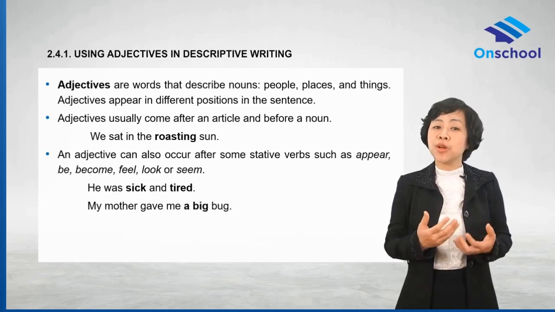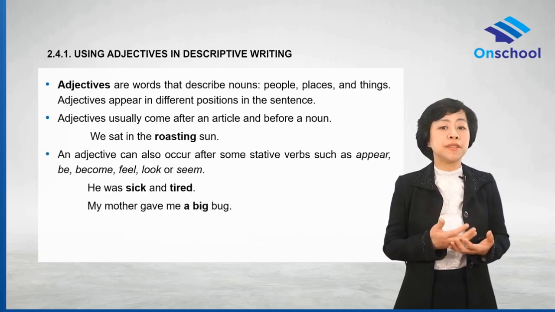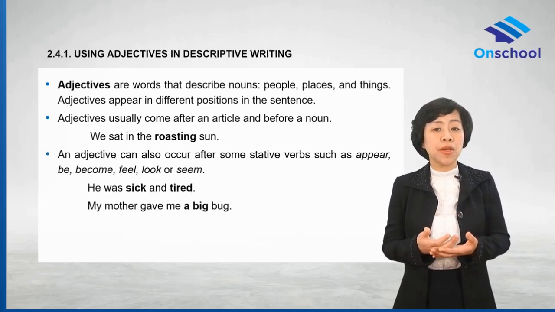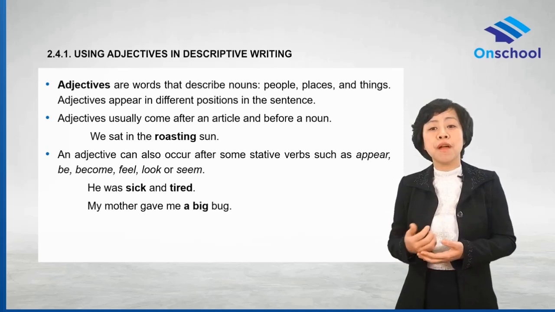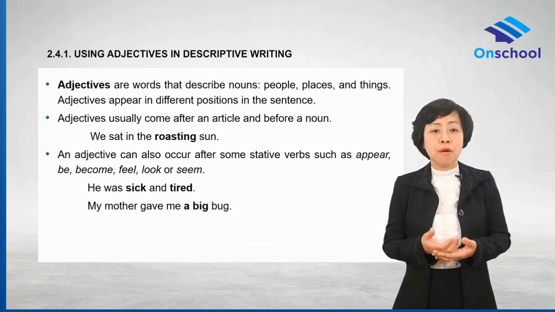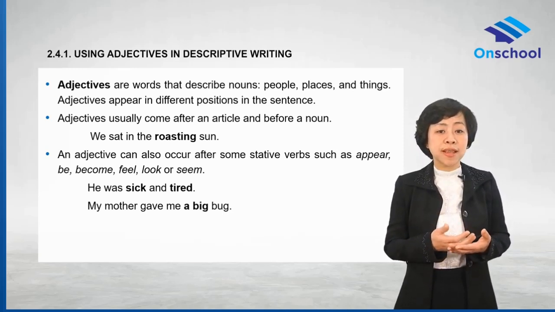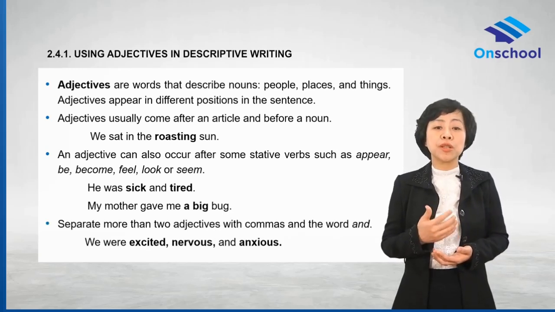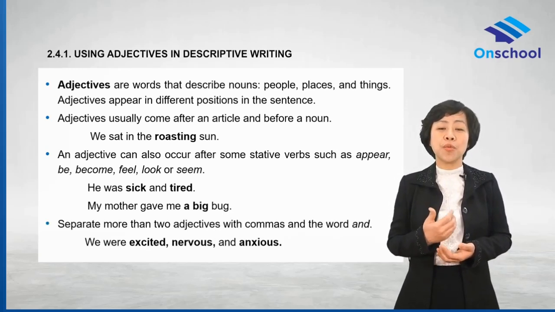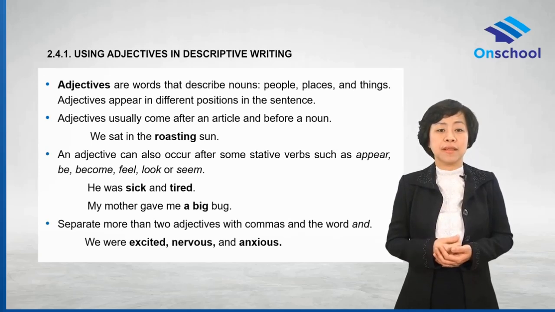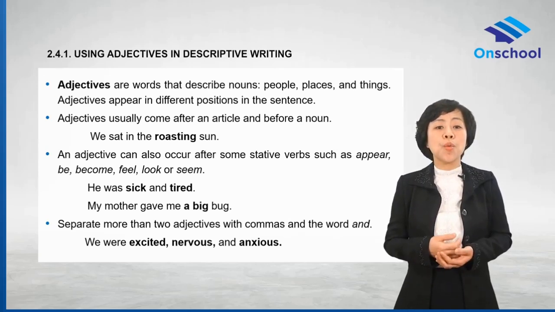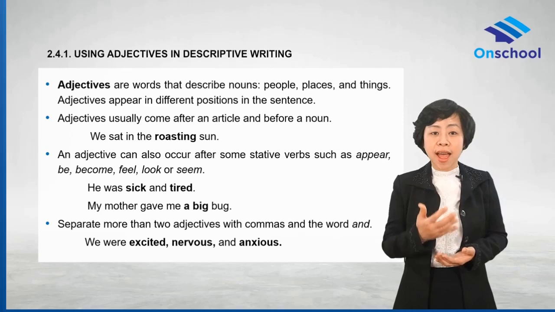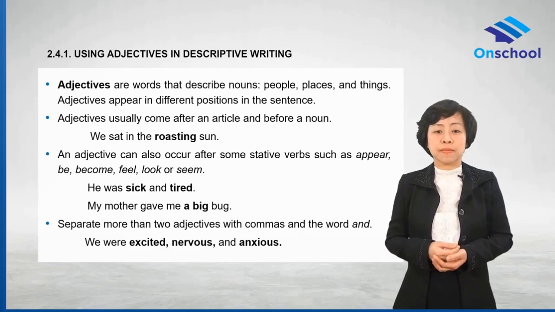An adjective can also occur after some stative verbs such as appear, be, become, feel, look, or seem, for example, sick and tired. Please remember to separate more than two adjectives with commas and the word and, like in this example, we were excited, nervous, and anxious.